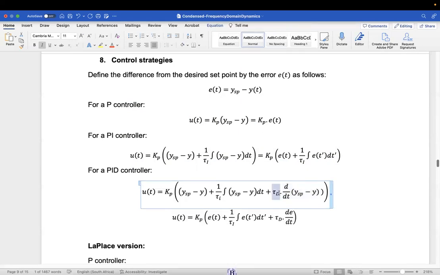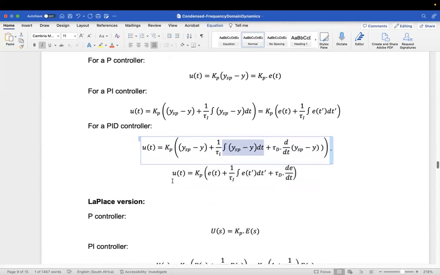And again, we have a constant to control how much we want of that kind of action. So that's how we can think of these constants. They control how much strength we give to each of those aspects of the action. So those are the three types of controller.